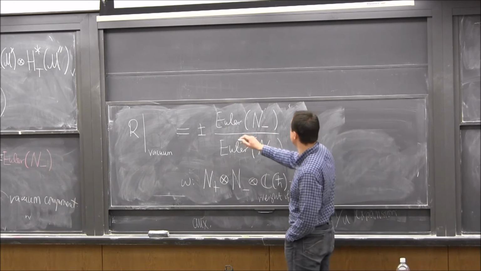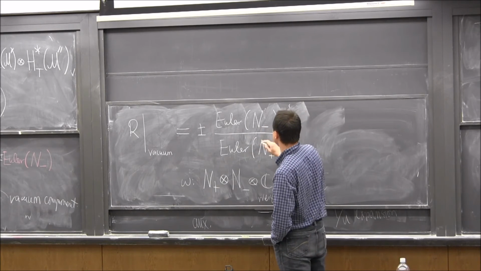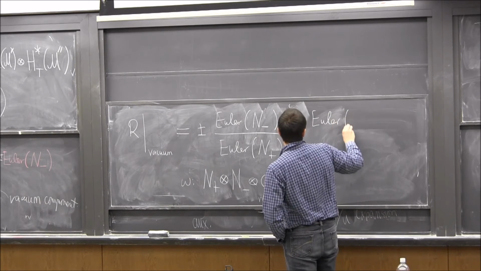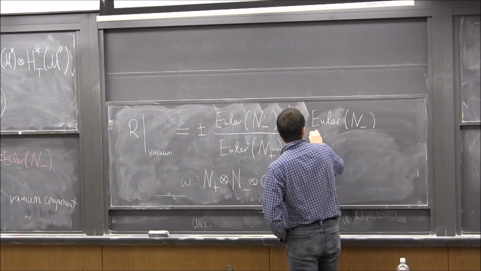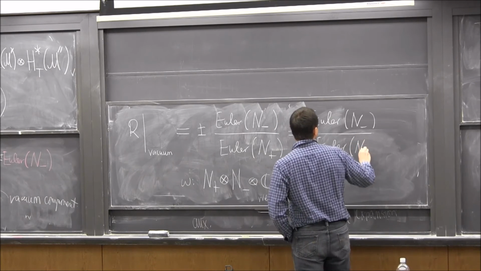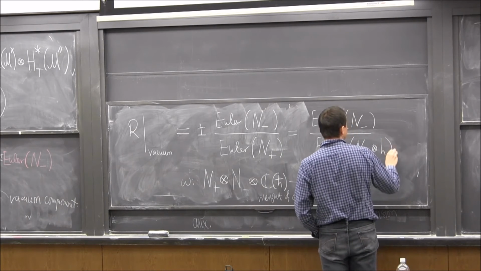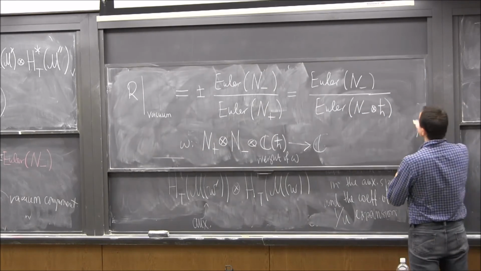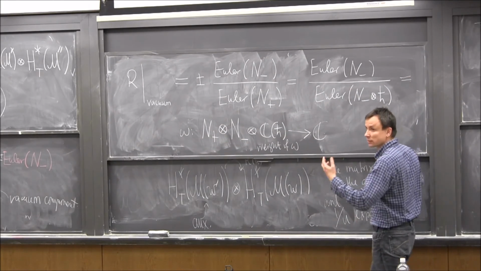And so with all these plus minuses exactly arranged, in the end you get the Euler class of n minus divided by the Euler class of n minus twisted by a character, which I just write down. And so what is this thing? This is the great Euler class.